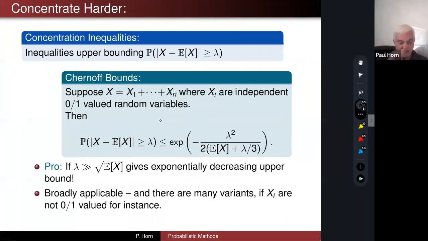Perhaps the most useful is the so-called Chernoff bound. There are tons and tons of variants of this that change various things, but here's a very simple version. So suppose I have a random variable x. It's the sum of a bunch of random variables.